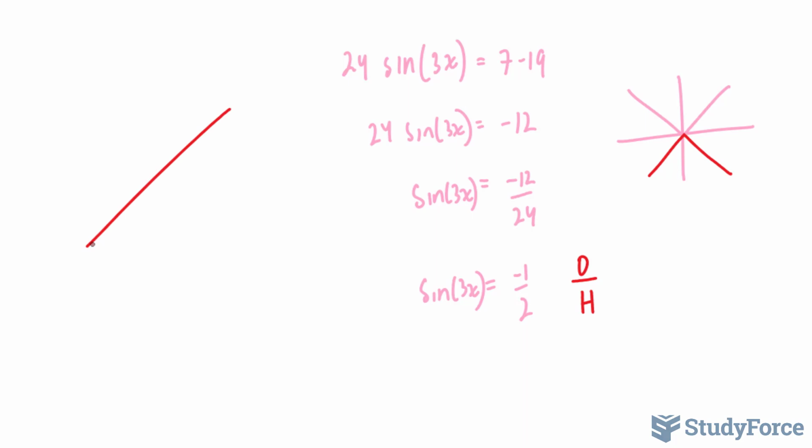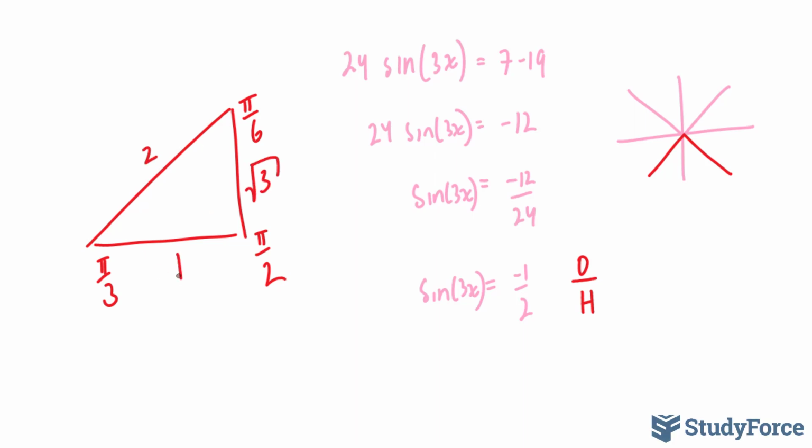If you recall, the 60, 30, 90 triangle, or in other words, the pi over 3, pi over 6, and pi over 2 triangle, here we have 2, here we have the square root of 3, and here we have 1.